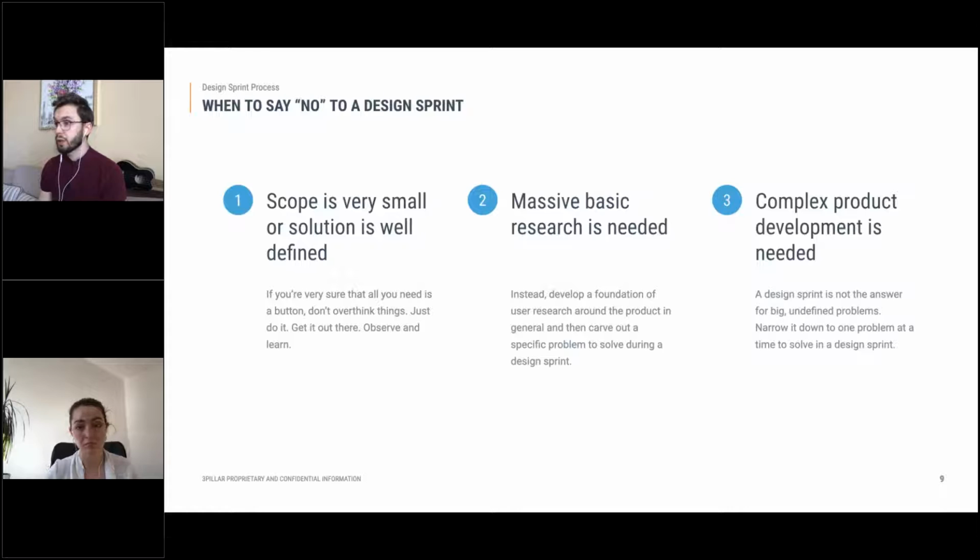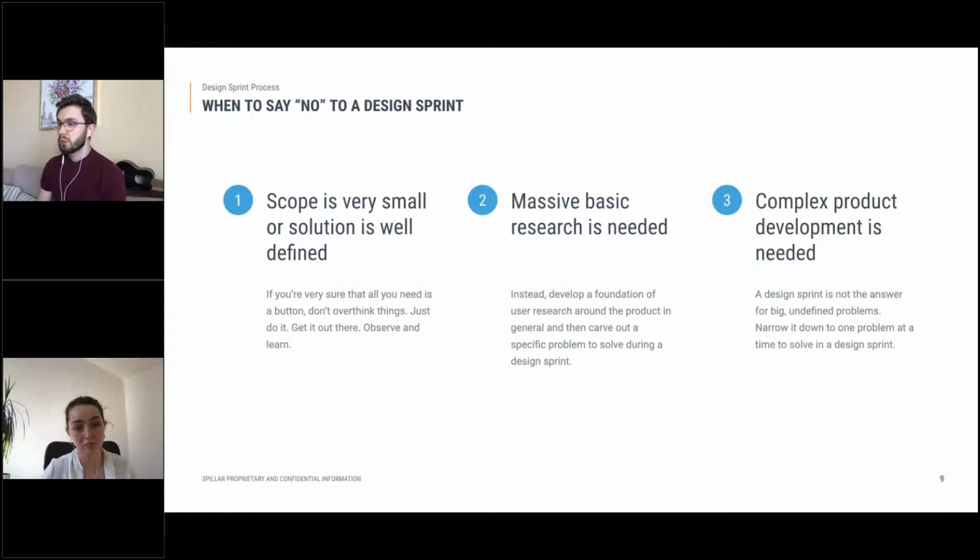So not everything would need design sprints. If it's a small thing that just needs to get out there, we shouldn't boil the ocean. Or if you have a validated design concept and simply need to implement, you just shouldn't embark on this whole new design sprint process.